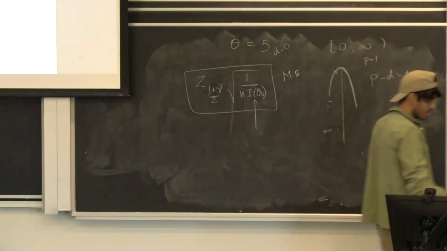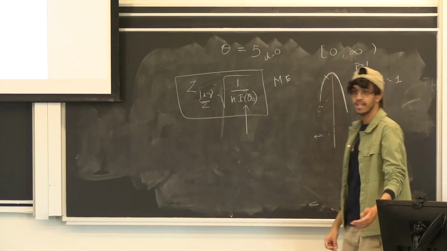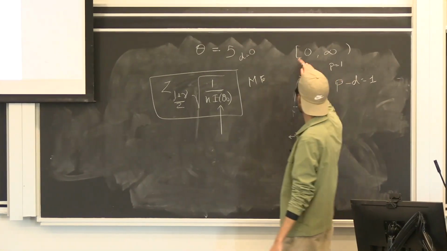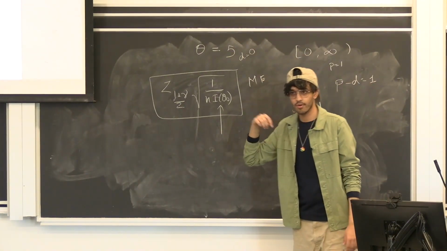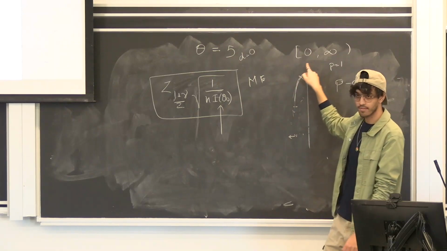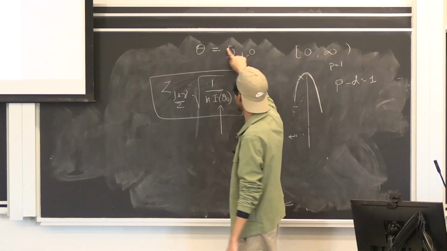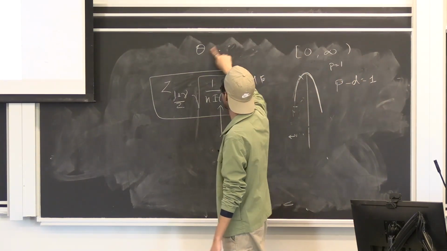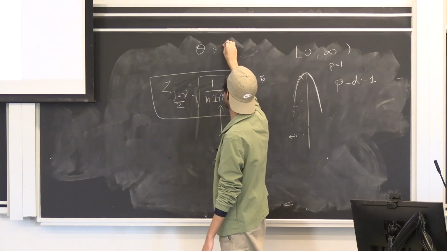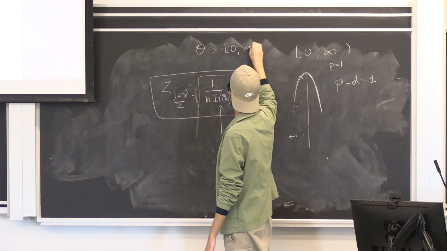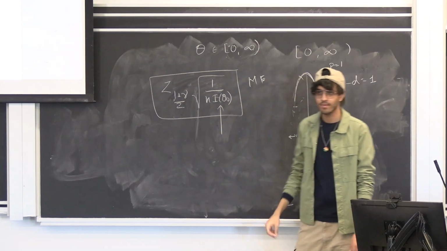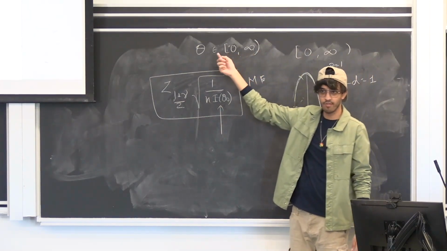Here's an example. Let's say my parameter could be anything, any positive real or non-negative real. If my hypothesis is also the same thing, well, we know this to be true, so this is trivially true.